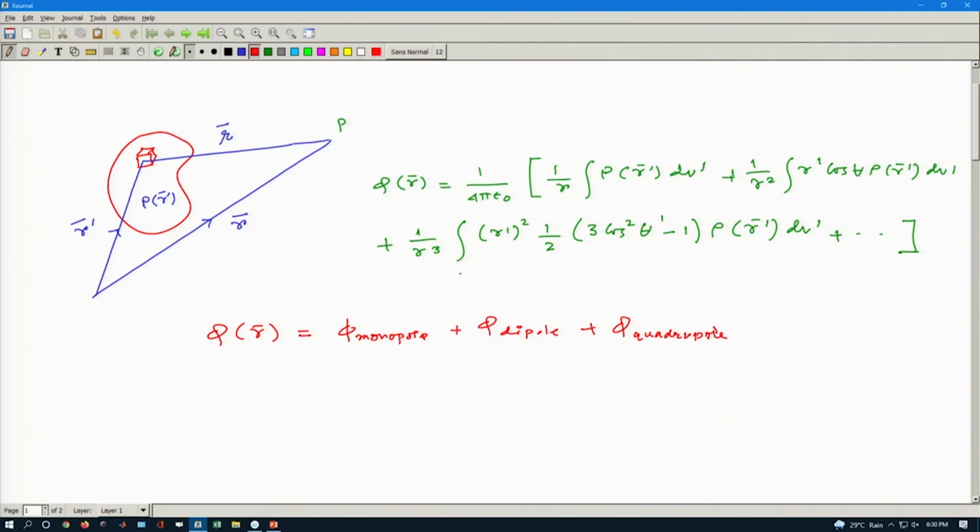So now this term I am going to calculate and try to understand what it means.